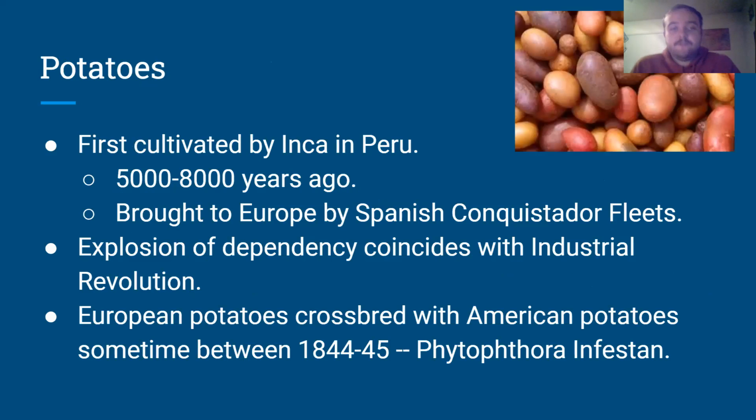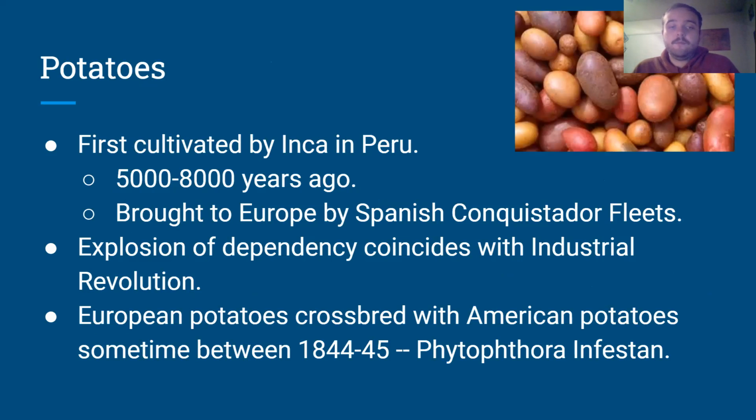The potato was first cultivated by the Inca in Peru. It came about 5,000 to 8,000 years ago, probably cultivated by the ancestors of the Inca. It was brought to Europe by Spanish conquistador fleets, and its explosion of dependency across the world, in Europe and in America, coincides with the Industrial Revolution.